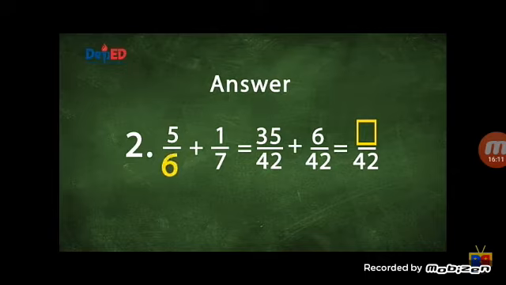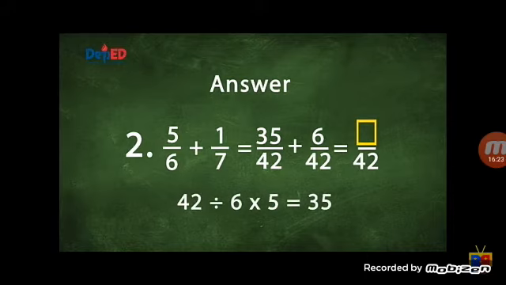The LCD of 6 and 7 is 42. Step 2. Divide the LCD by the given denominators and multiply by the given numerators. 42 divided by 6 times 5 equals 35. 42 divided by 7 times 1 equals 6.